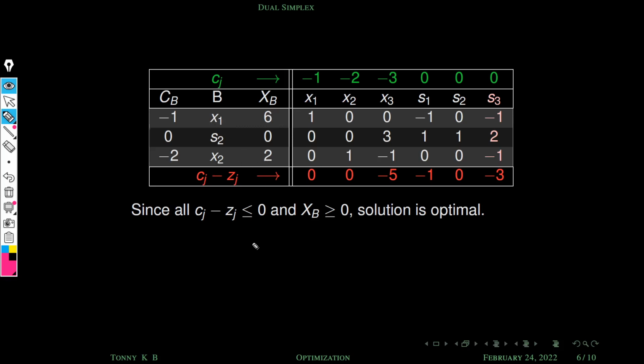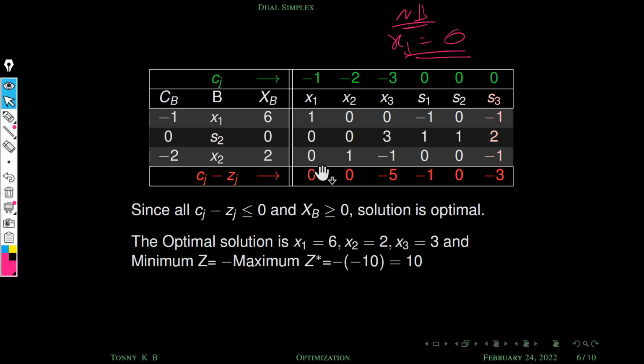What about our x3? In the present table, x3 is non-basic, right? x3 is non-basic, so its value is 0.